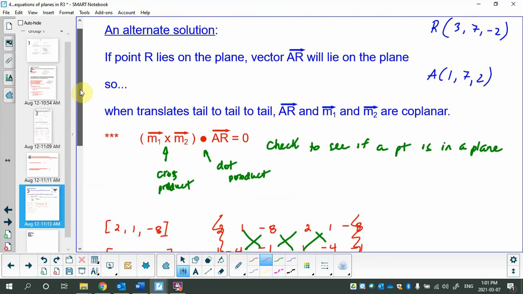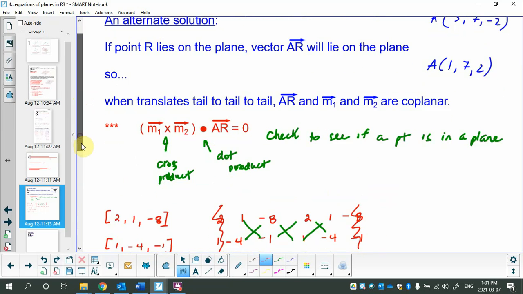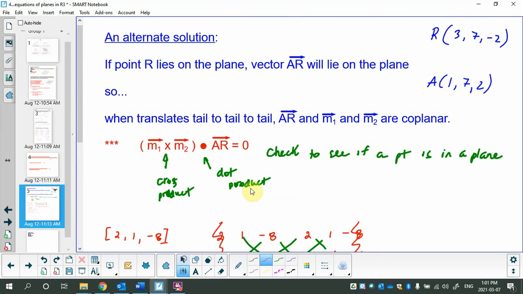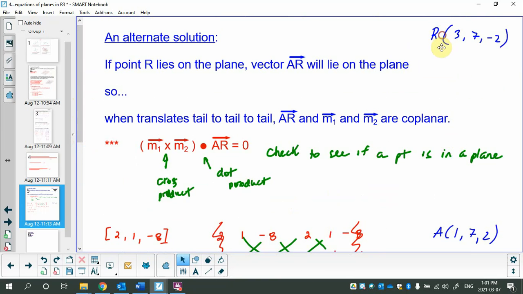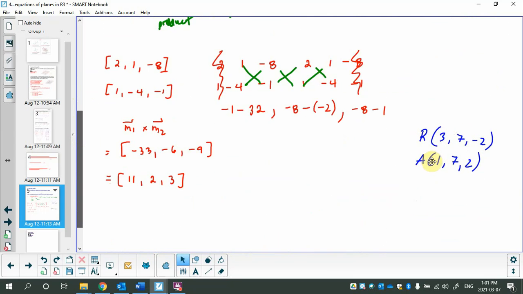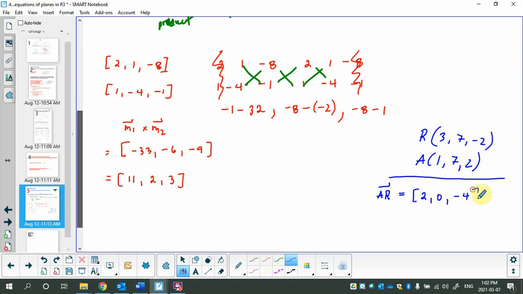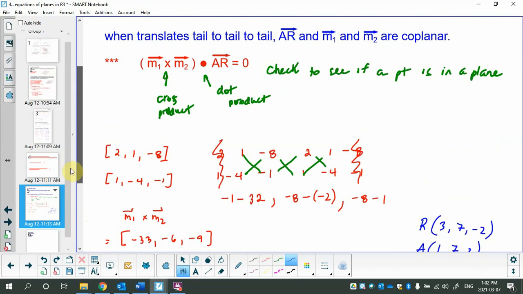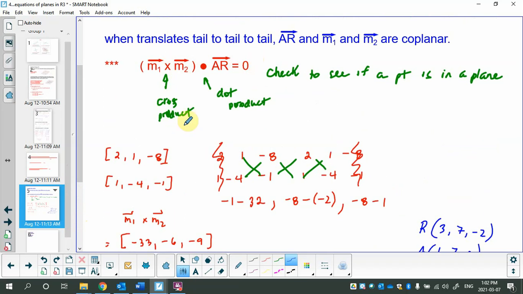All right, the next thing I have to do is I have to find AR. So that means I'm going to take this stuff down into a working space. So A and R. And then the last thing I have to do is I have to do the dot product to see if it's 0.